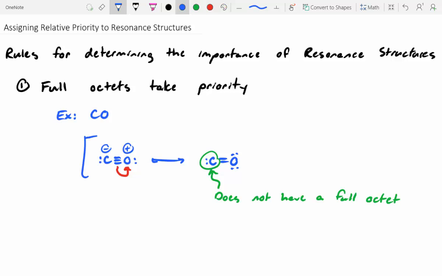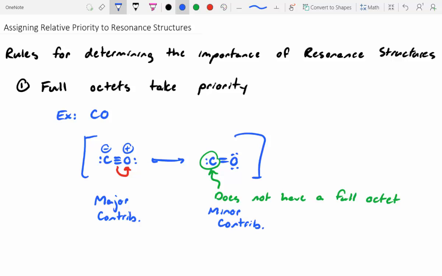That means if we're looking at this set of resonance structures, the one on the left is actually going to be the major contributor. The one on the right is going to be the minor contributor. This one will be our minor contributor.